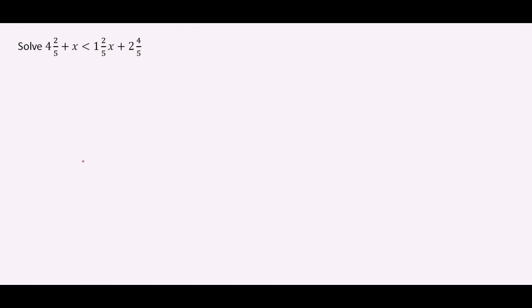Final example, 4/2 plus x is less than 1/2 x plus 2/4. So let's go ahead and subtract x from both sides. So 1/2 minus 1, which is 2/5.